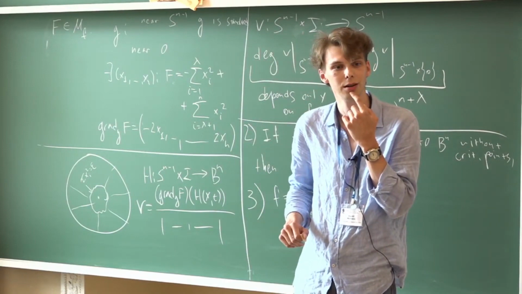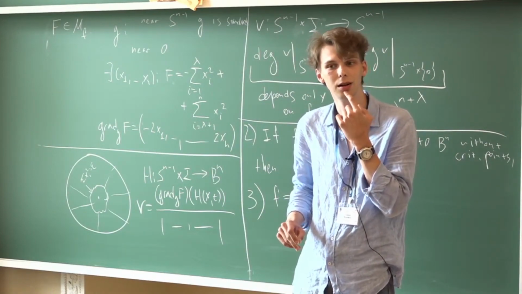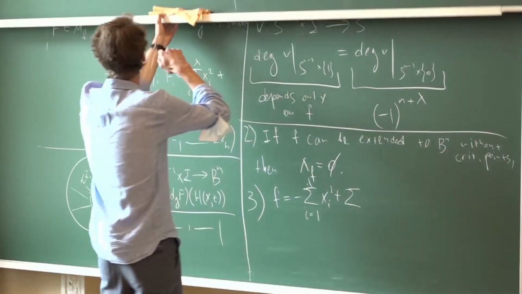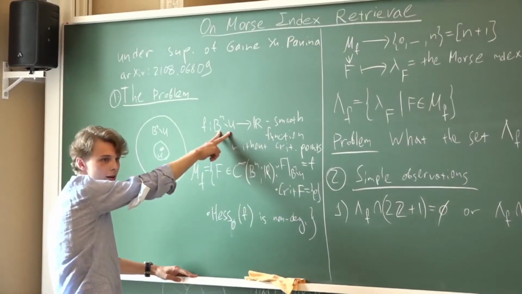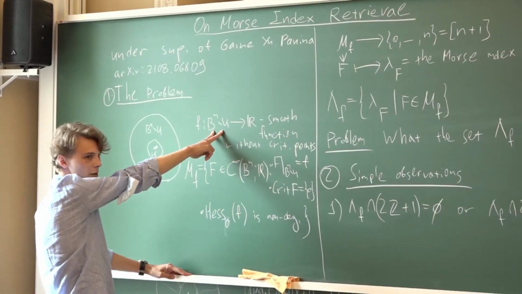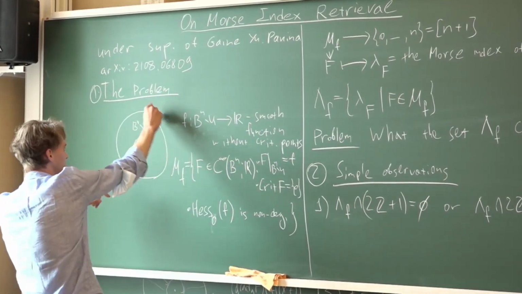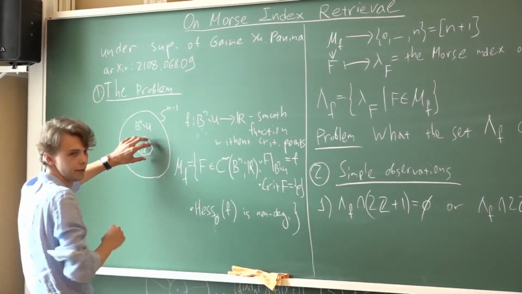What is f small? F small is a function in the multidimensional annulus, the spherical shell, which is between the unit sphere and the small sphere around the origin.